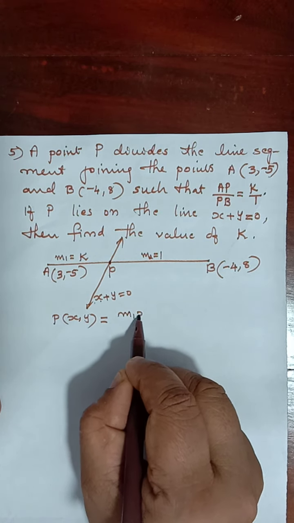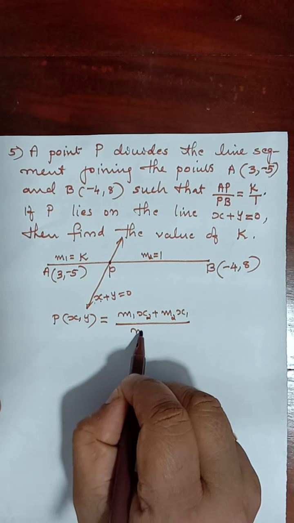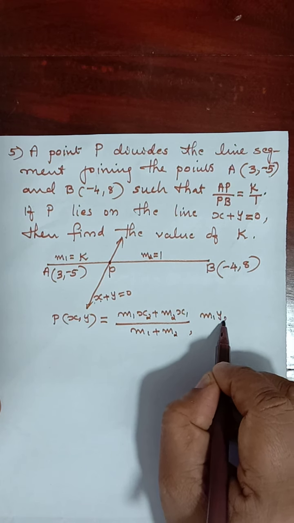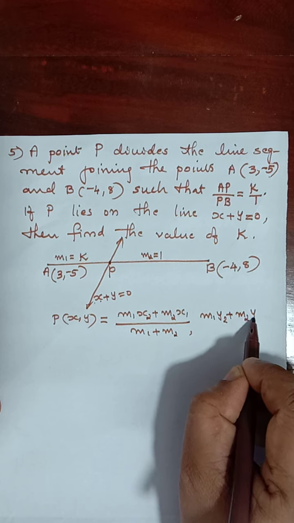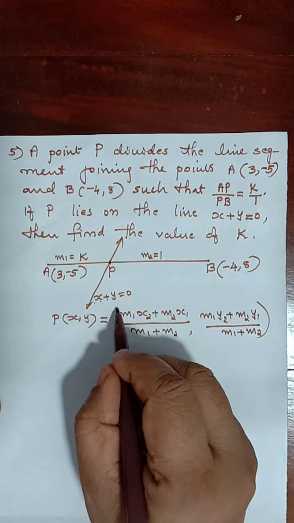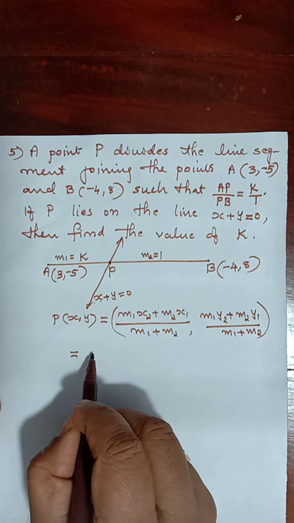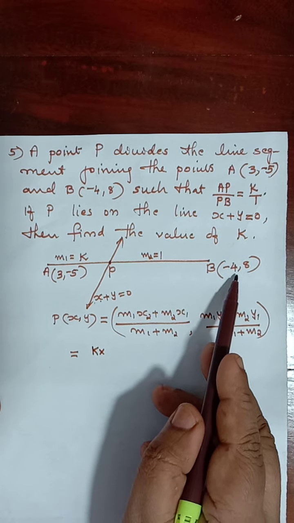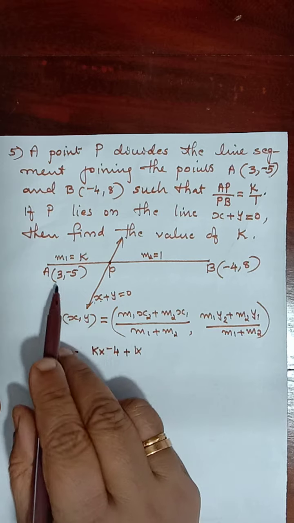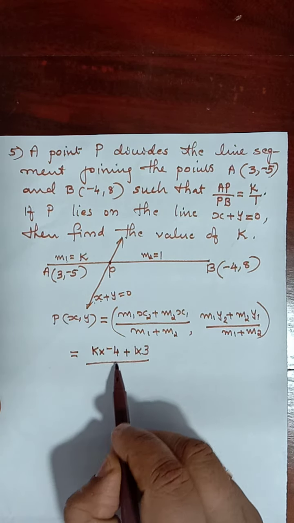P(x, y) is equal to (m1x2 plus m2x1) divided by (m1 plus m2), (m1y2 plus m2y1) divided by (m1 plus m2). So this is what we are going to substitute.